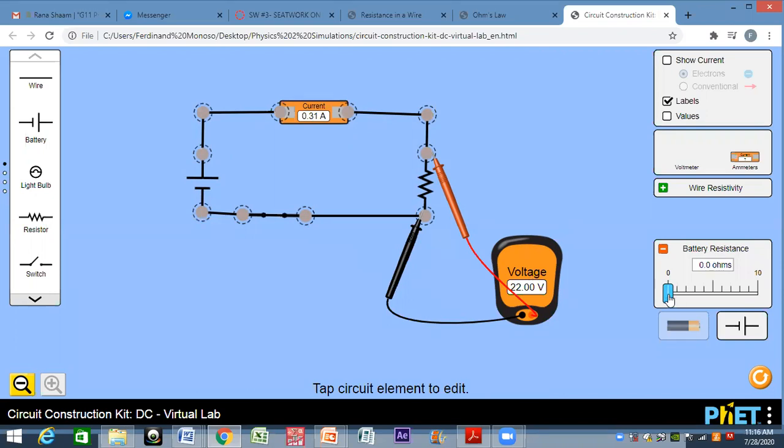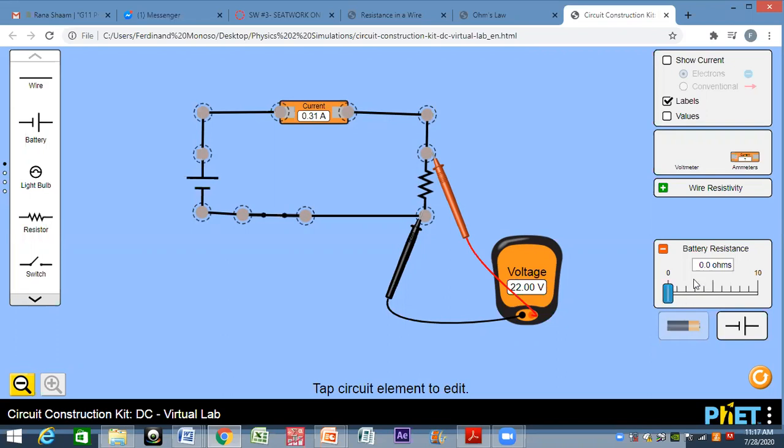If the internal resistance increases as the battery ages, you'll notice that the terminal potential difference, or the available voltage that the battery can supply, will become smaller. As the battery gets older, the internal resistance gets higher and higher, and the output voltage becomes less. Do you follow? Yes, sir.